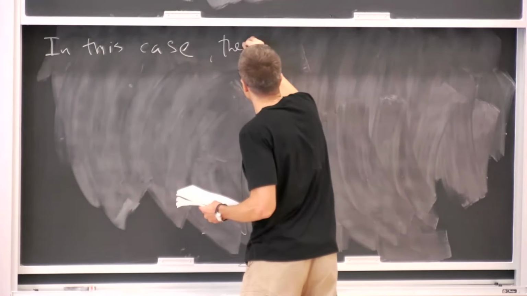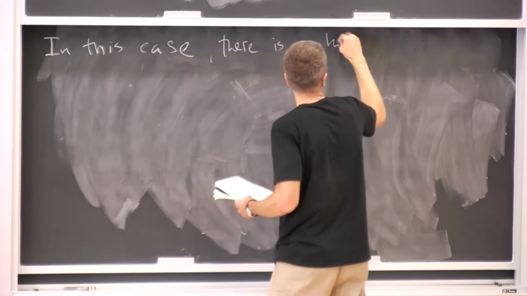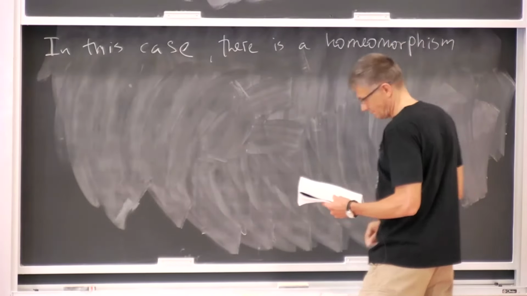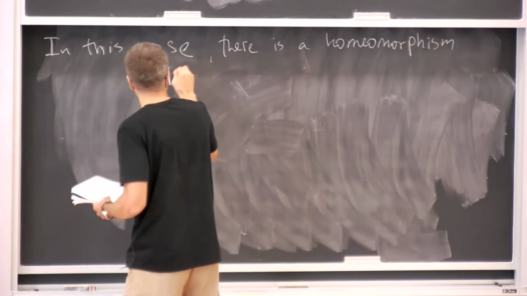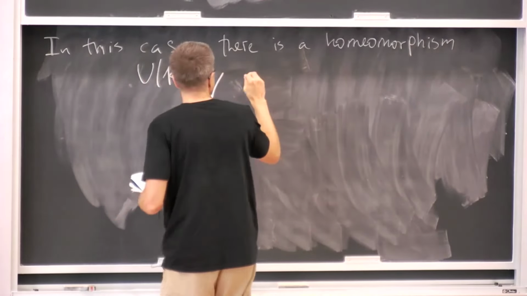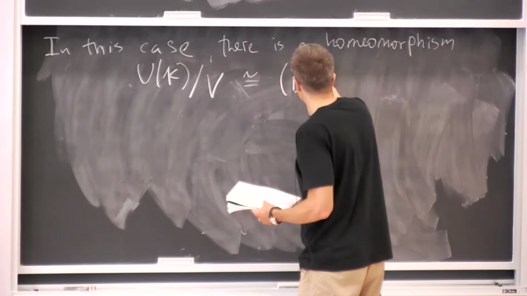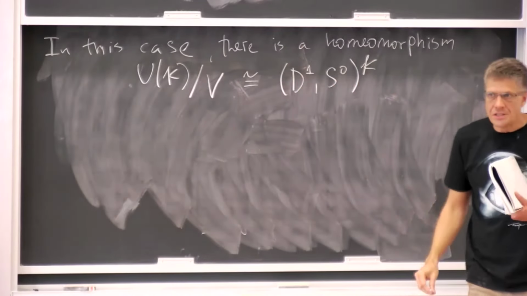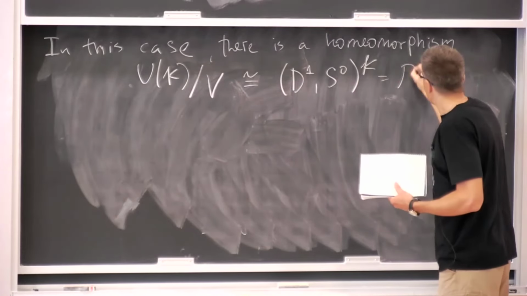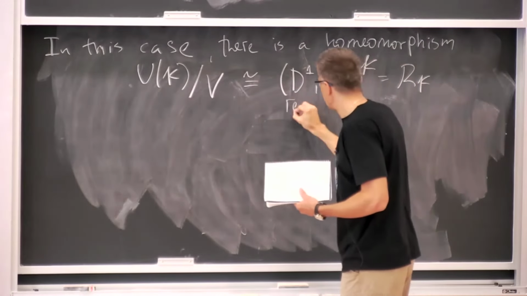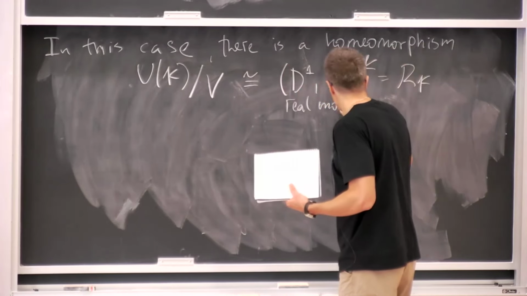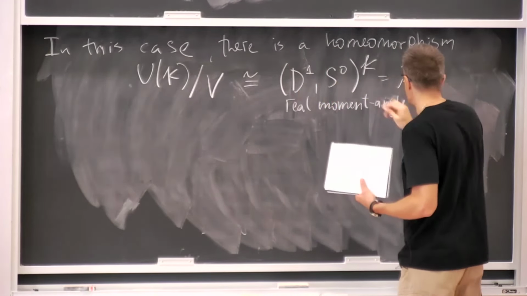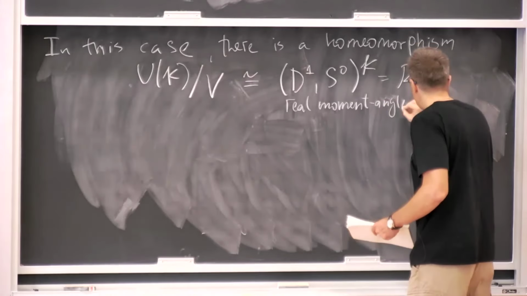There is a homeomorphism. The polyhedral product of D1 and S0, which is also known as a real moment angle manifold. There is no better name for that. There is no angles here obviously, but still.